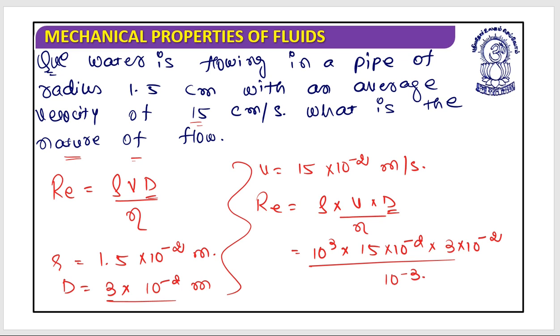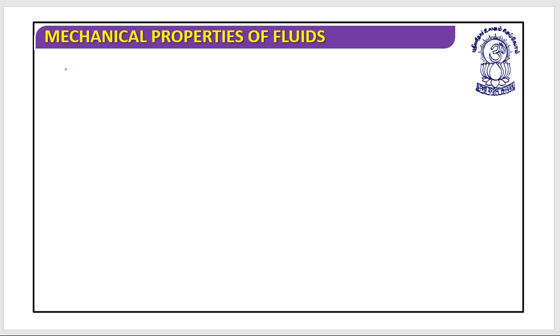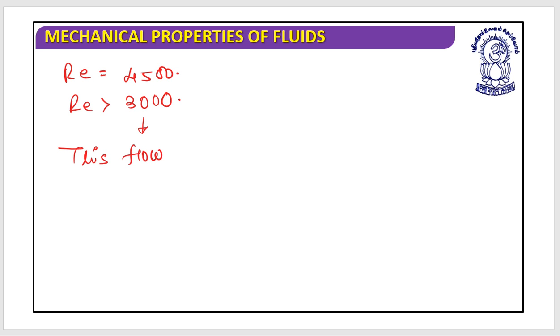If I solve this, this will be 4500. Yes, and as this is 4500, which is greater than 3000, this flow is turbulent.